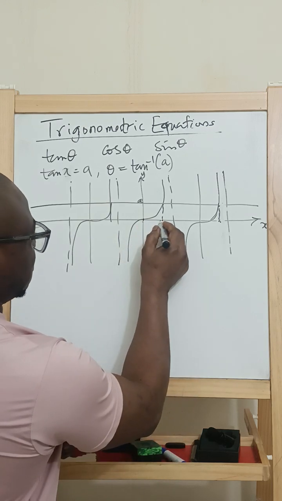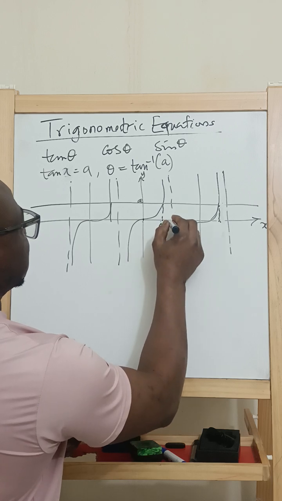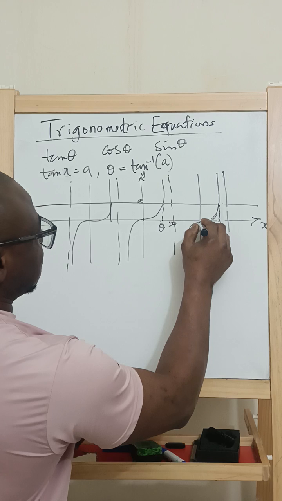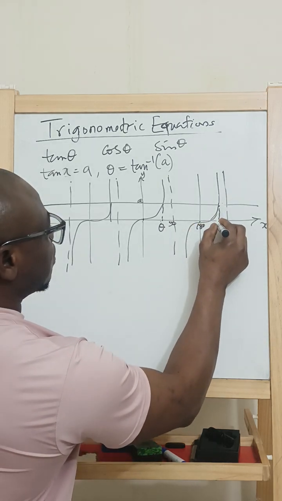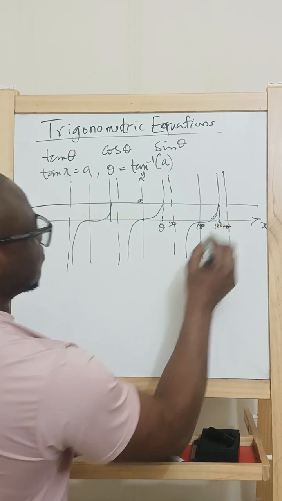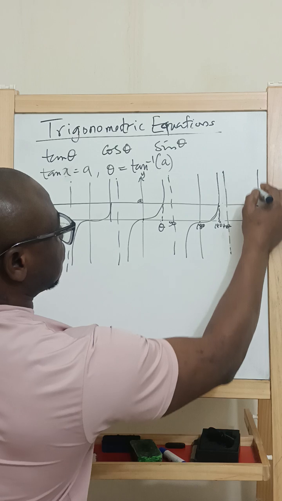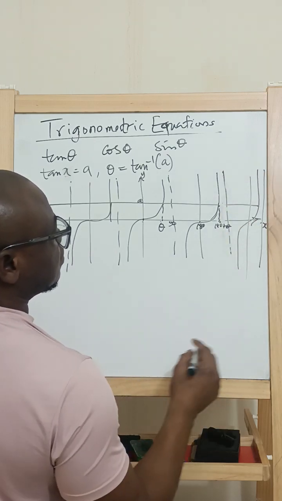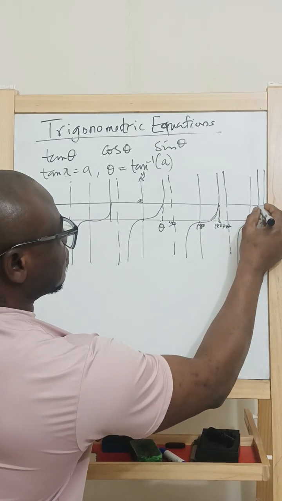And if you look here, this is theta. Now this is 90 degrees. This is 180, right? So this particular point here is 180 plus theta. If you draw another curve here and extend this, it is going to cut this curve at this point.